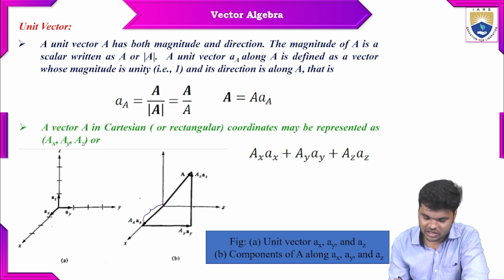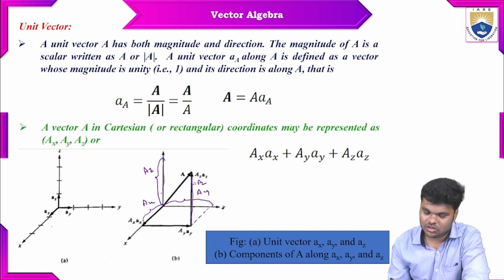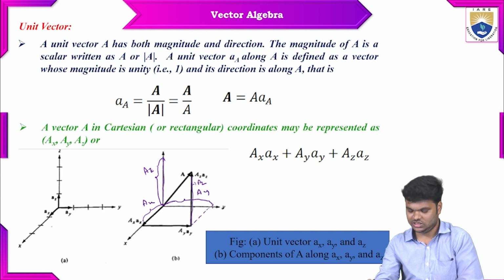This is the component of vector A along x-axis and this is the component of vector A along y-axis and this is the component of vector A along z-axis. So this one is Az actually, this one is also Az, parallel vectors. These two are parallel vectors. So Ax is the component of vector A along x-axis, Ay is the component of vector A along y-axis and Az is the component of vector A along z-axis.